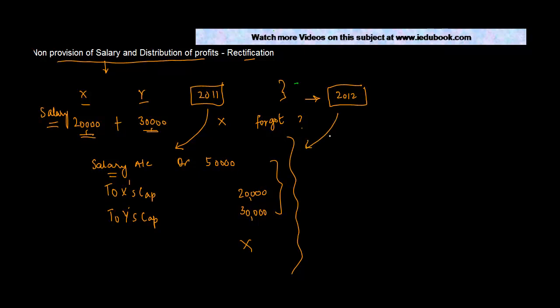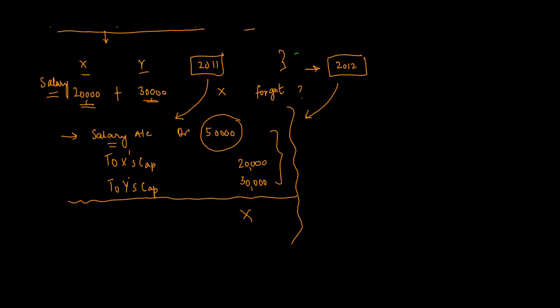So the first thing you will think is, hey, what happened? I didn't pass this entry, but then what actually happened to this profit of 50,000? If I did not provide an expense, my profit would have increased by 50,000. And if it increased by 50,000, normally what do we do with the profit? We distribute it in the profit sharing ratio. Let's say the profit sharing ratio was 3:2.